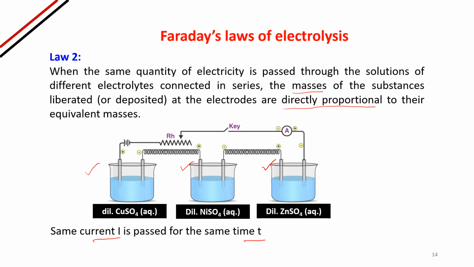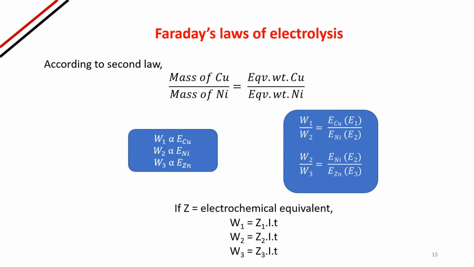Okay, so let us see how we get the relationship for the second law. From the second law, mass of copper by mass of nickel is equal to equivalent weight of copper by equivalent weight of nickel. See here, suppose W1 is the amount of the substance liberated for the copper electrolyte, then W1 is proportional to E_Cu, that means the equivalent weight of Cu.